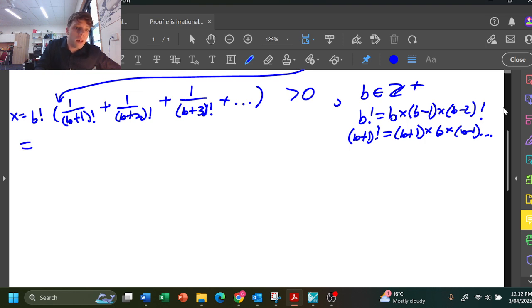So this first term would be equal to 1 over b plus 1, because every other part of this expansion would cancel out.